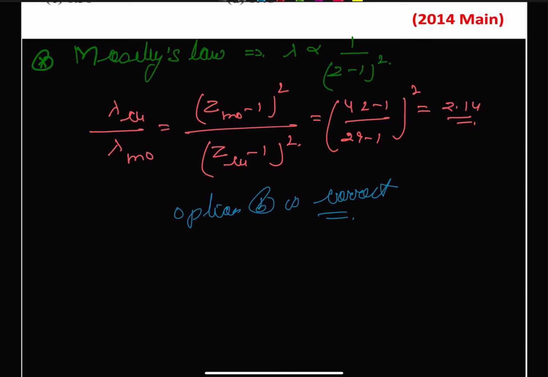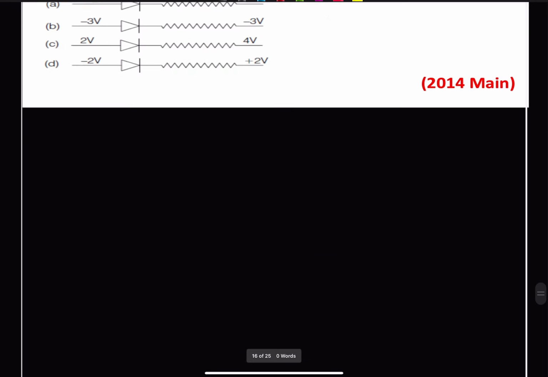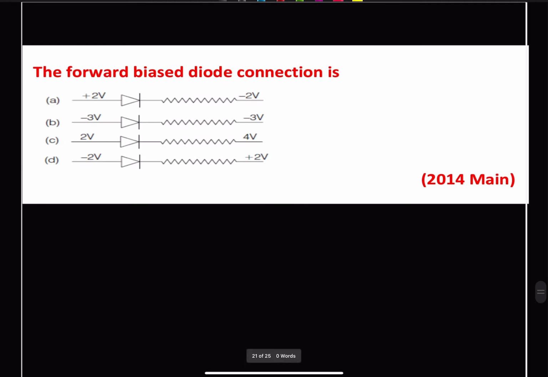Next question. It states that the forward bias diode connection is, so in all four options we have to check which of the diodes is forward biased or not.